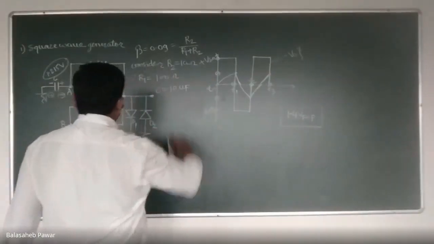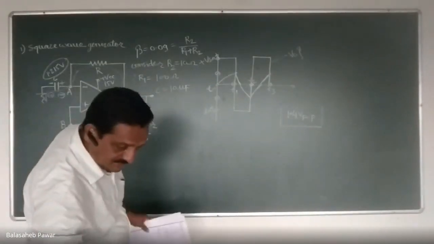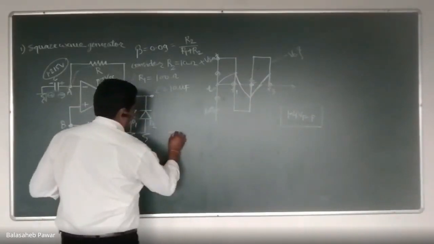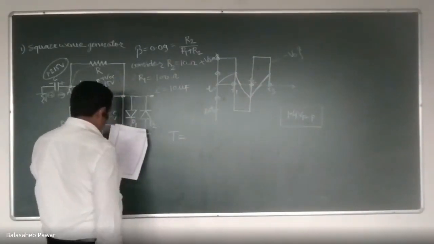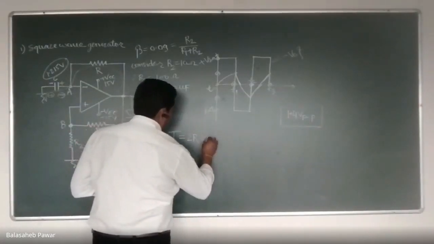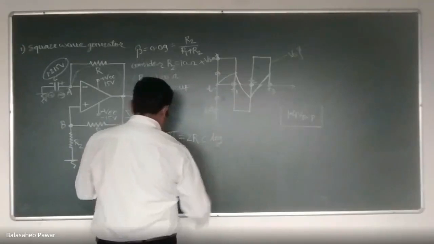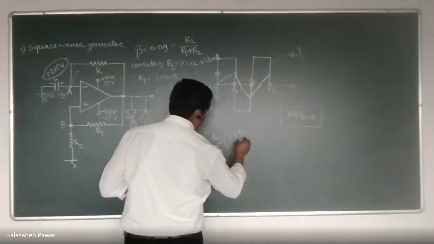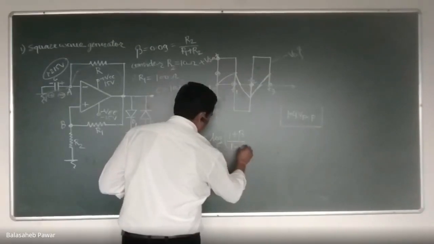According to this RC time constant, there is one formula. Capital T equals twice of RC into log of 1 plus beta divided by 1 minus beta.